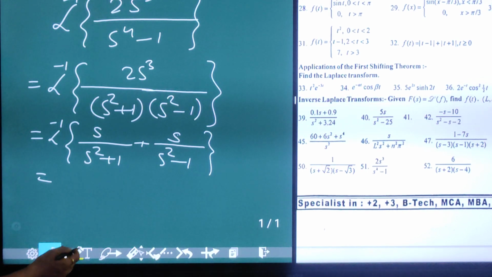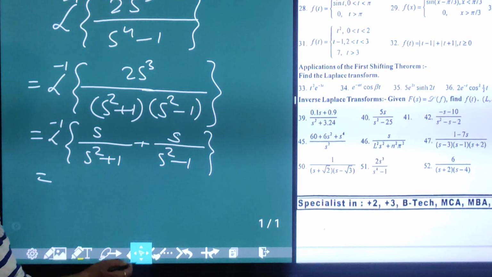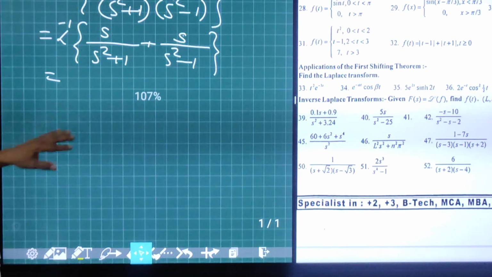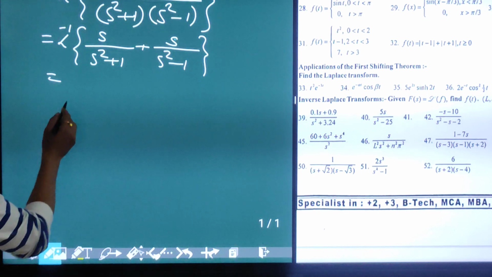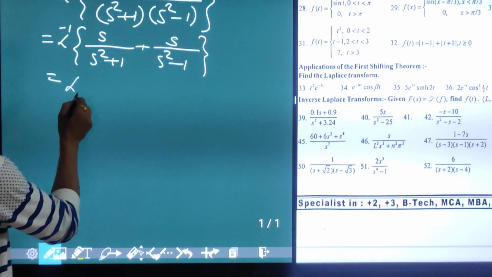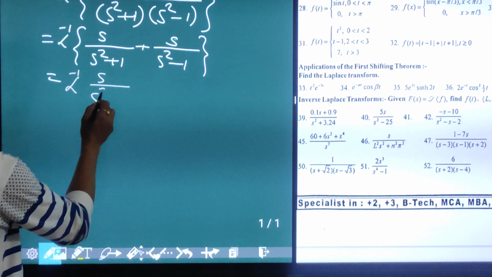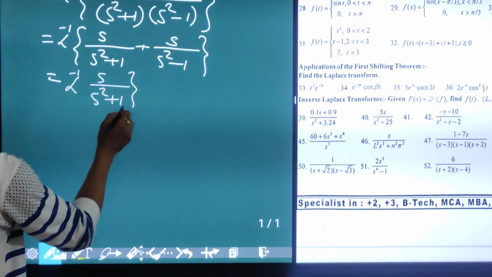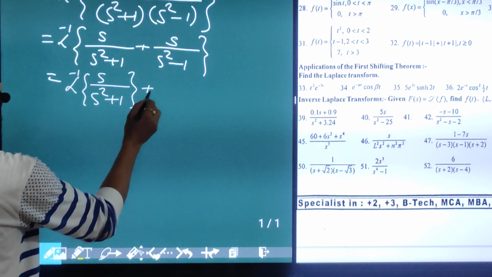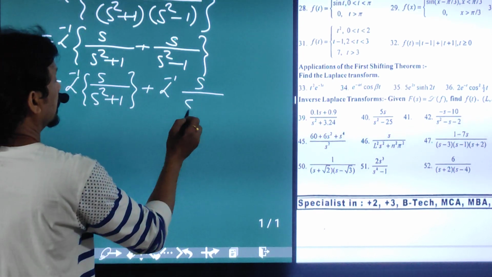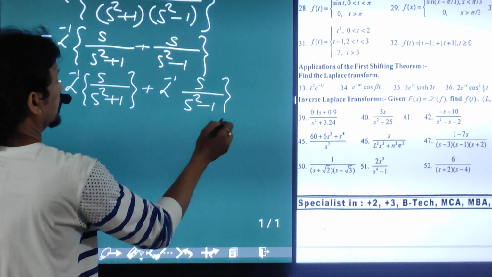I am writing directly, listen. Laplace inverse of s by s square plus 1, plus Laplace inverse of s by s square minus 1.